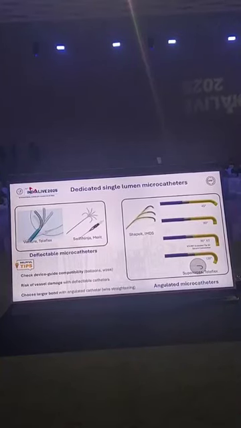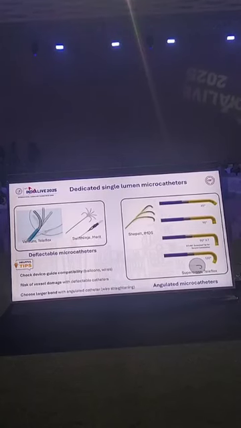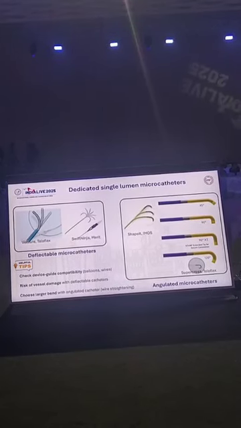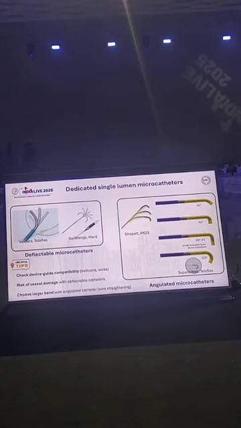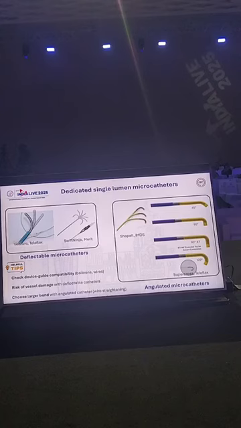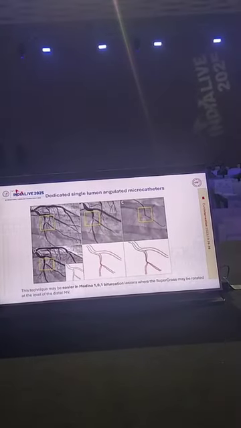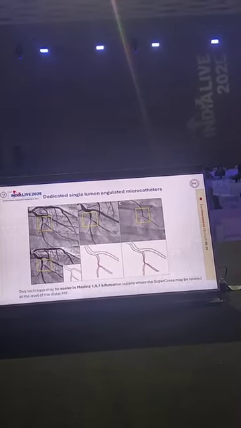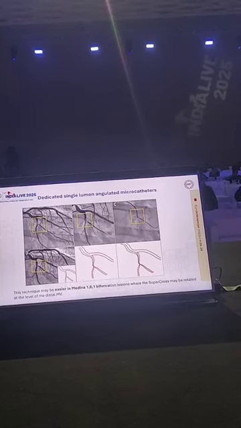The suggestion is to try to choose a large bend, and then we have deflectable microcatheters, where you need to check the compatibility of balloons and wire before, and of course, we need to keep in mind some risk of damage of the vessel.